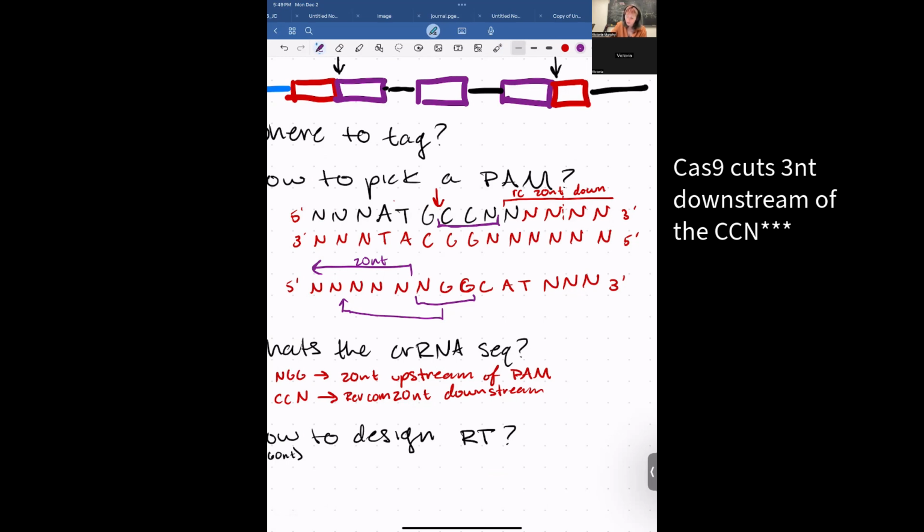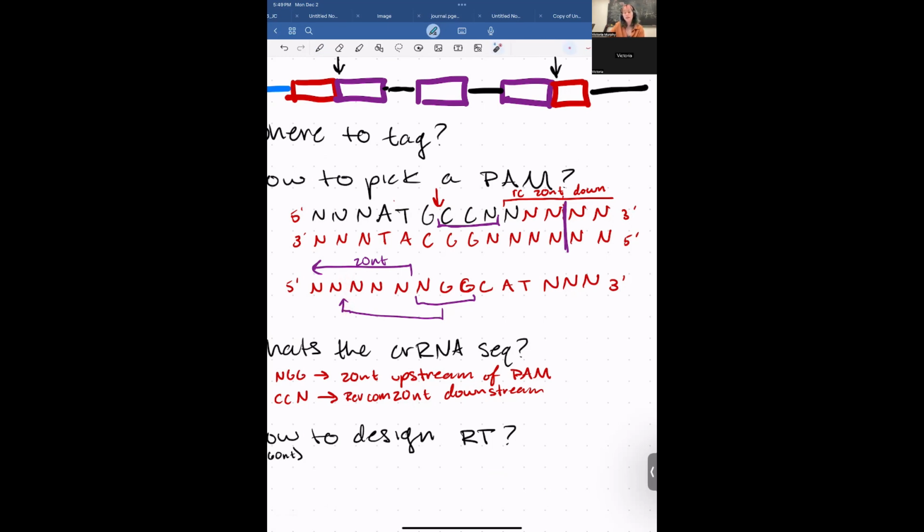The cut would be induced 3 nucleotides upstream, which is the same as what we see when we rewrite that strand, that opposite strand, to look at the NGG PAM. And then we said the CRISPR RNA would be the reverse complement of this region, which would be the same as this region here.